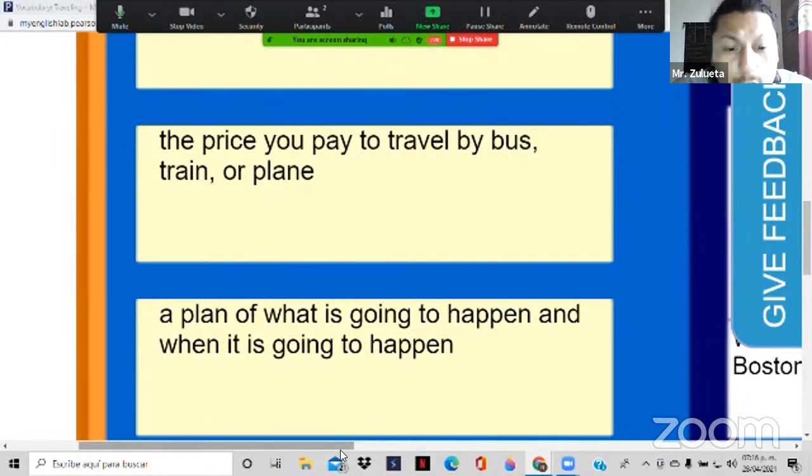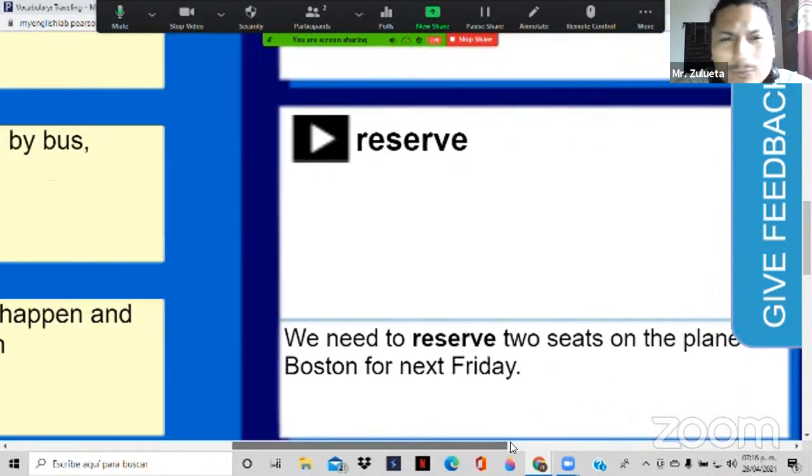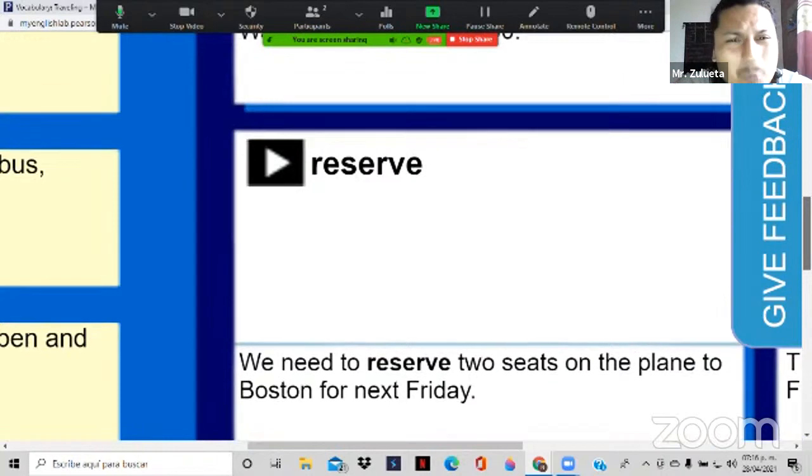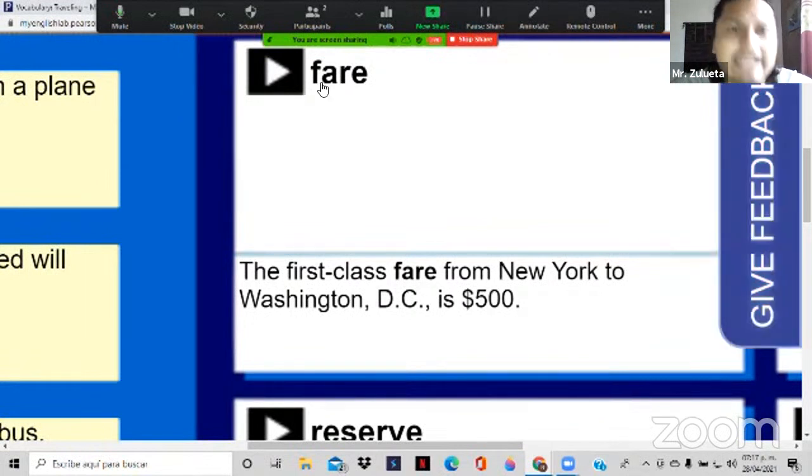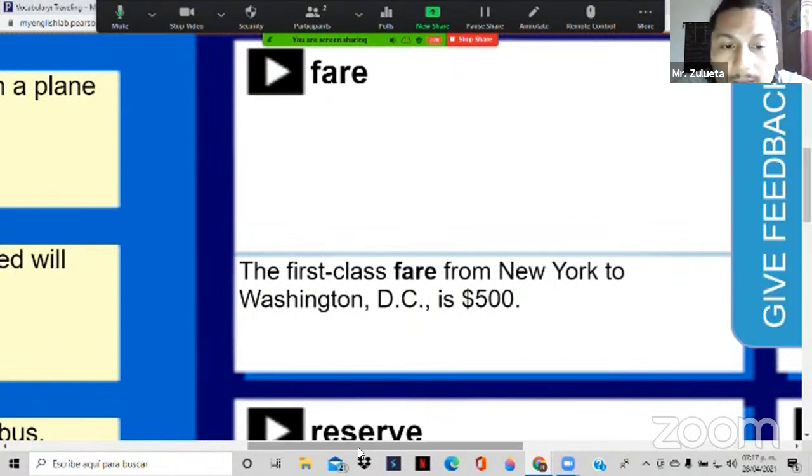I was not completely sure about this word, or as a matter of fact, I still do not have a translation or a meaning, an interpretation for fare in Spanish. But in English, I now have an idea about the meaning.